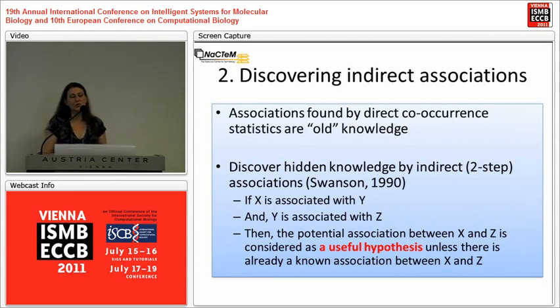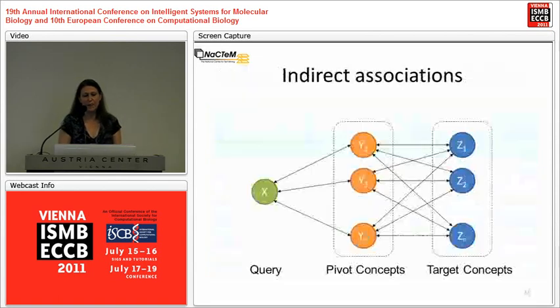So associations which are not necessarily co-occurring together. And this is again the case that if X is associated with Y and Y with Z, then the potential association between X and Z is considered as a good hypothesis, except if you have already an existing association between X and Z.